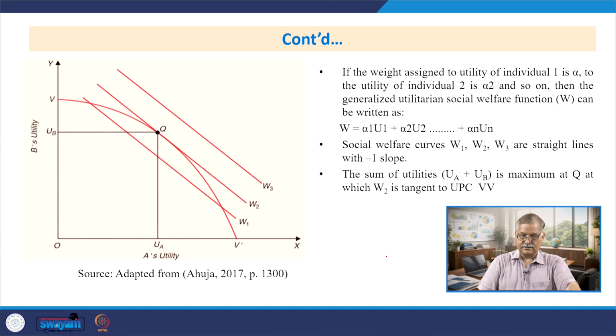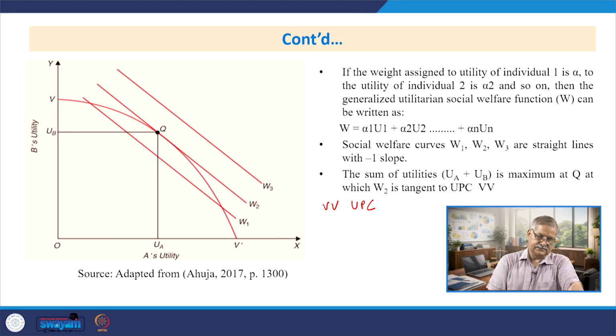We can discuss this by a graph. Here we have VV, that is the utility possibility curve. VV is here the utility possibility curve or welfare curve of two persons.